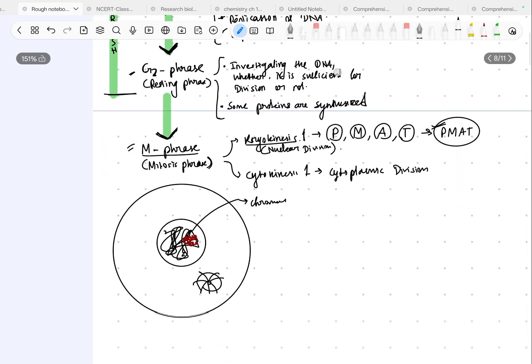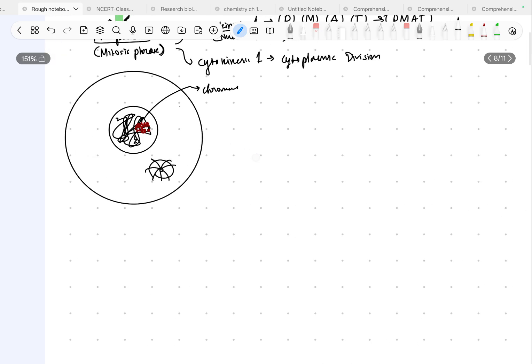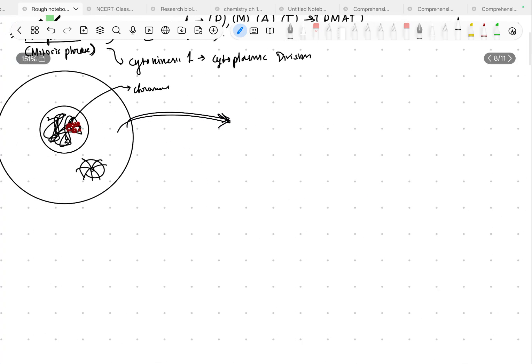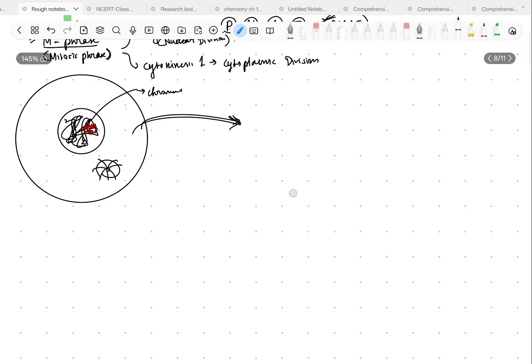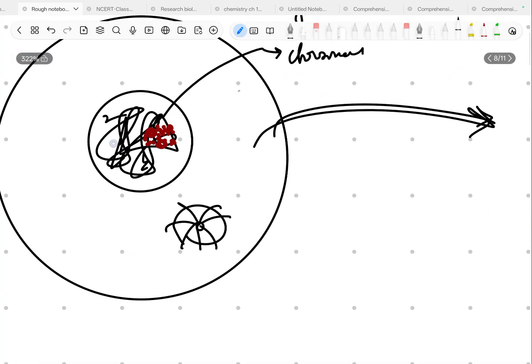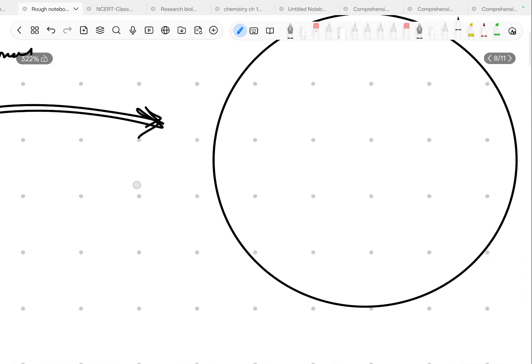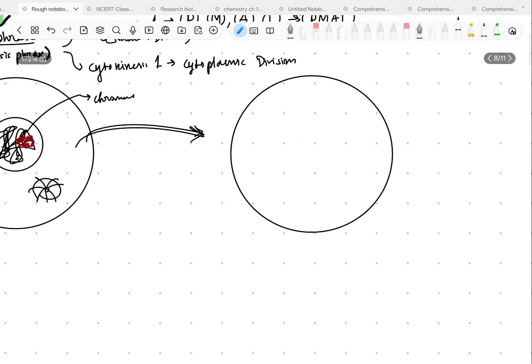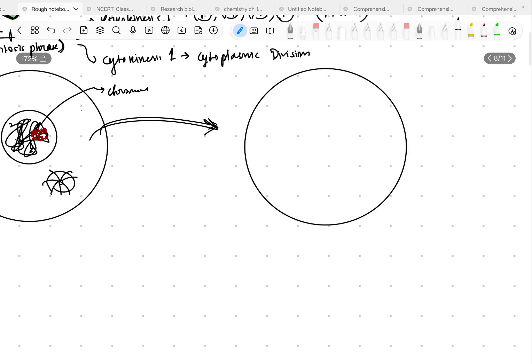After this phase you will see that the chromosome is converting like this. It means here the DNA is replicated. Some amount of DNA is there, but in this cell you will see the DNA is replicated, more amount of DNA you will see here.